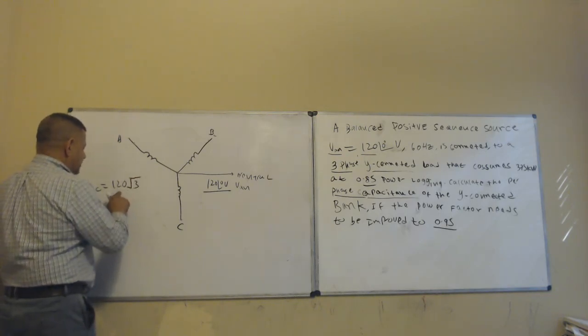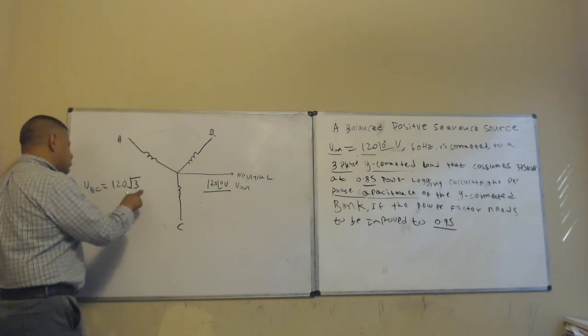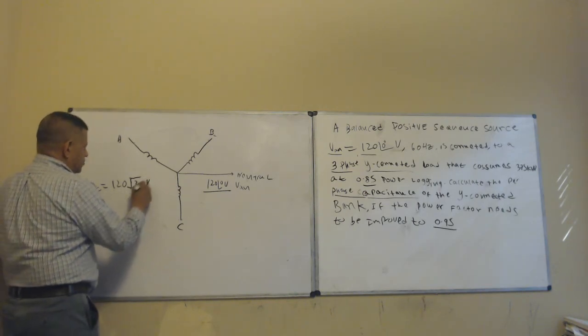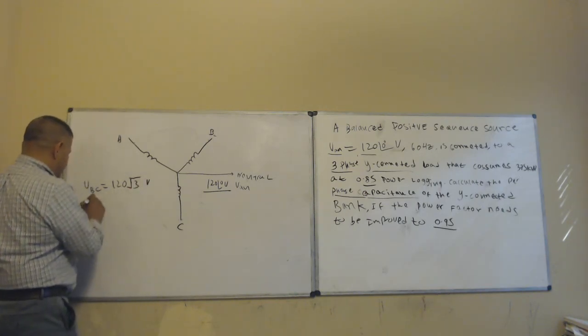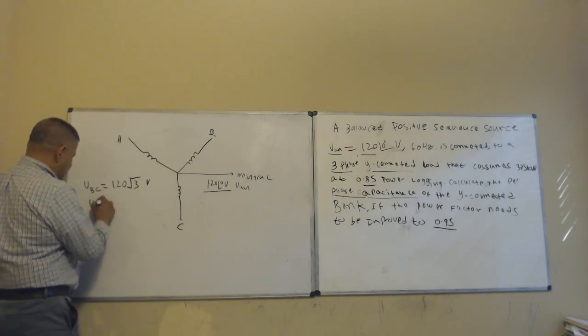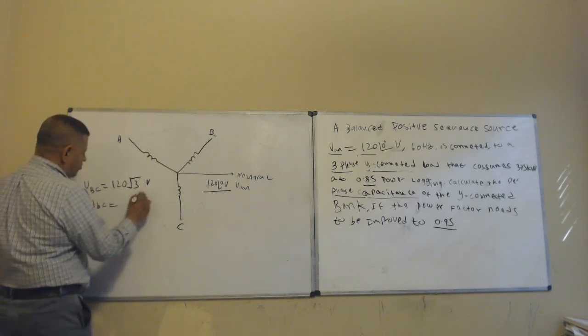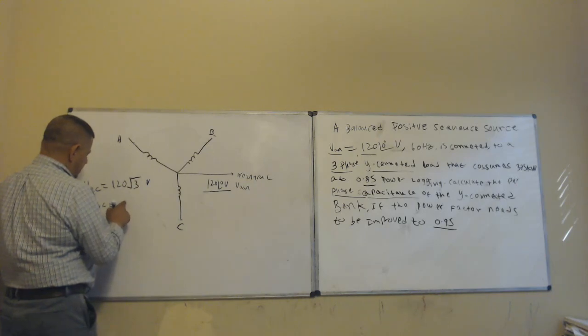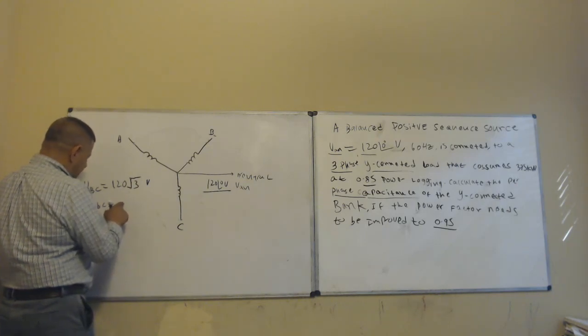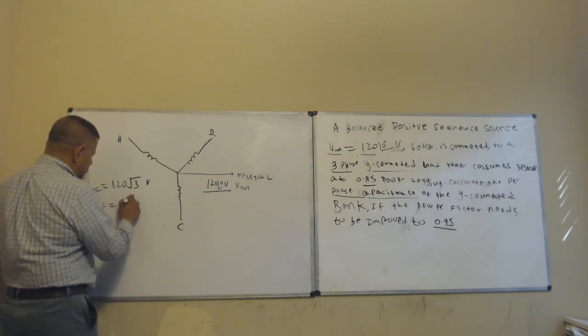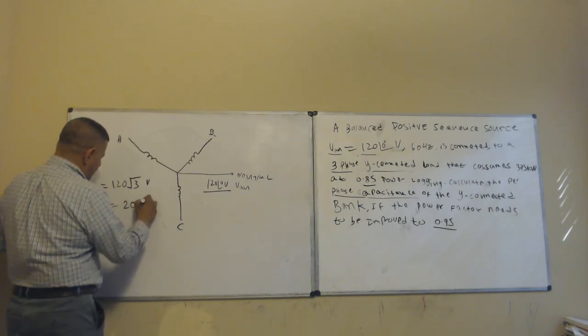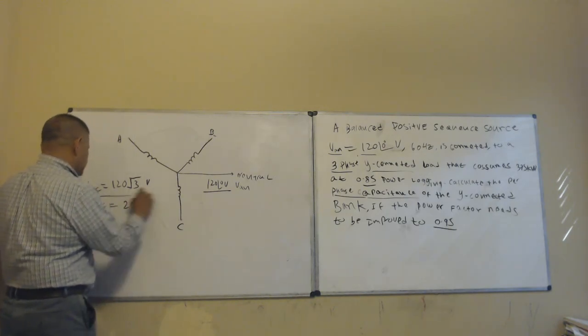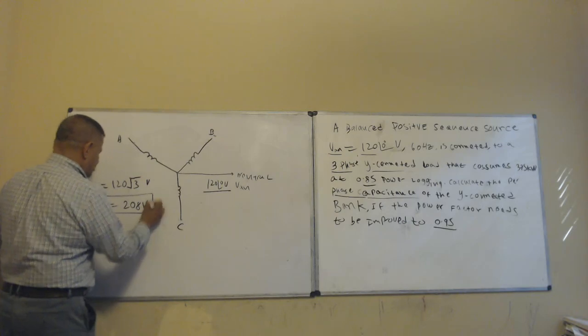Now, why? Because it's a three-phase system. So when I do the math over here, VBC is equal to what? This is nothing but 208 volts. Not exactly, but very close to 208.